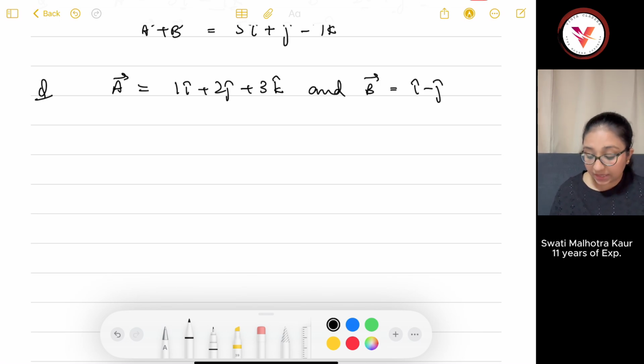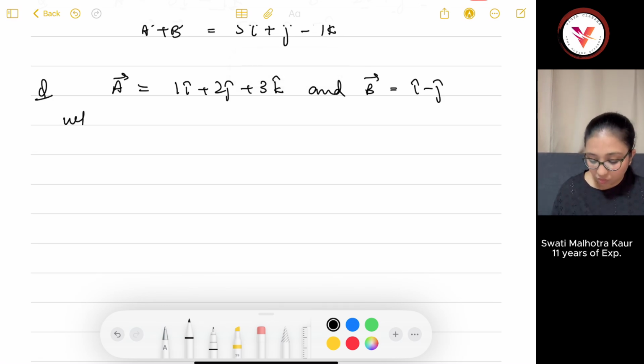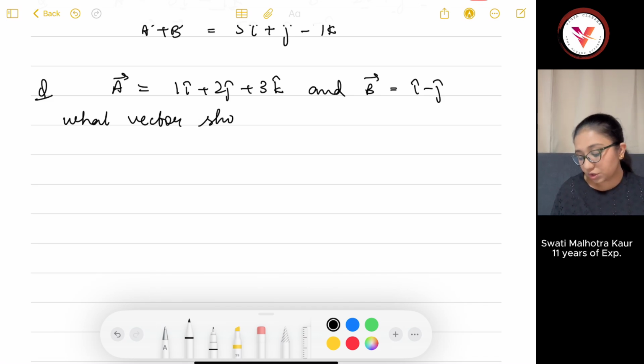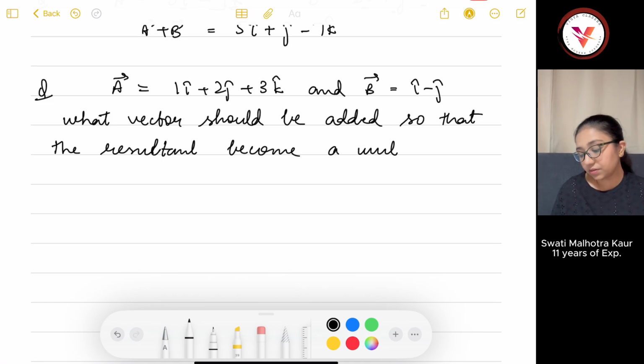Now they are asking that what vector should be added to these two vectors so that the resultant becomes a unit vector along j cap.